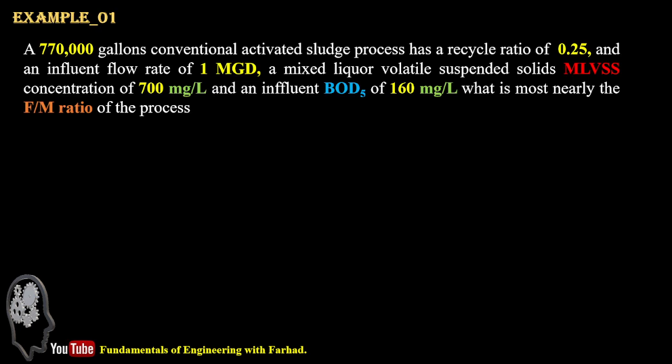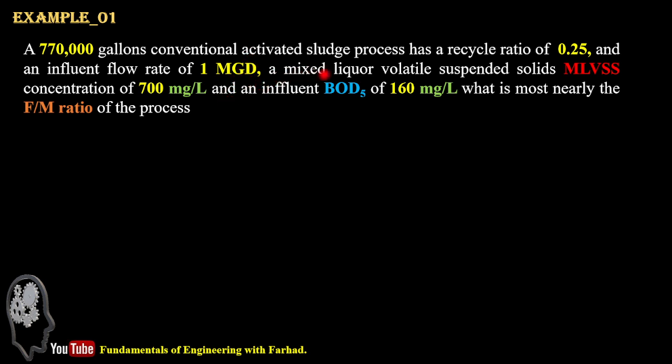So let's put it into an example. In this example, we have 770,000 US gallons of conventional activated sludge process, which has a recycle ratio of 0.25, and the incoming flow rate is 1 mgd, which stands for million gallons per day.